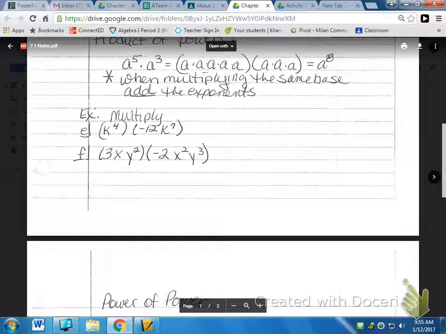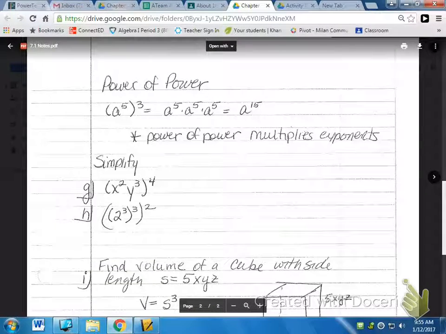All right, let's go ahead here. Now we're going to talk about something called power of a power. Power of a power means that you have something like a base of a. It's already to the 5th power, and that whole thing's taken to a power. So pretty much anything inside these parentheses has to be taken to the 3rd. Well, that means I would have a to the 5th times a to the 5th times a to the 5th, and if I added those 3 5s, it'd be 15.